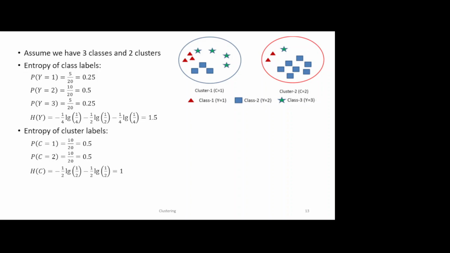To calculate entropy, given a probability distribution state like P1, P2, until Pn, it means you have n different probabilities.